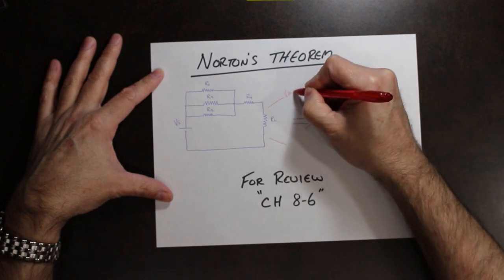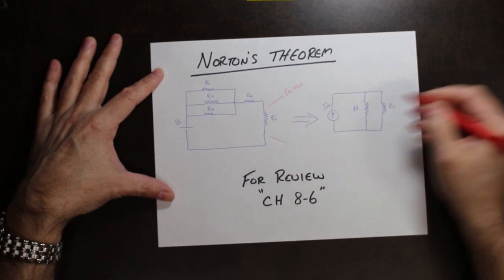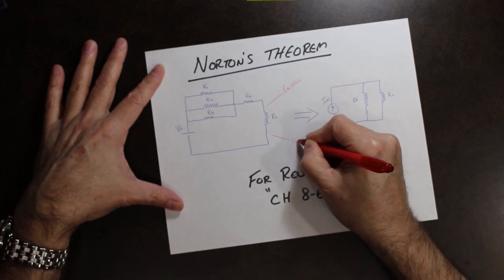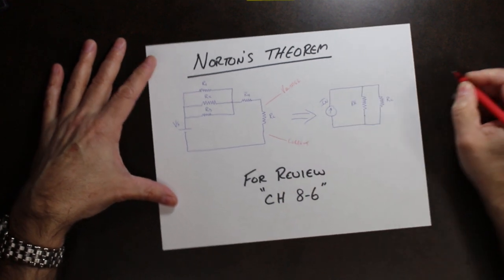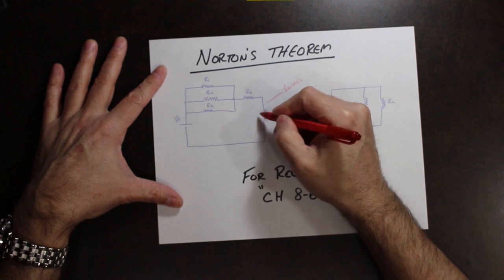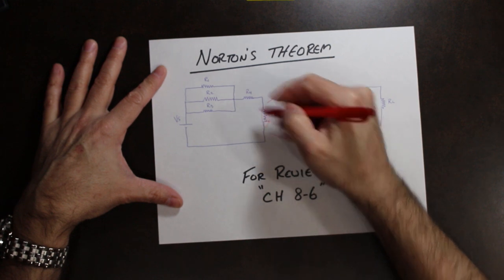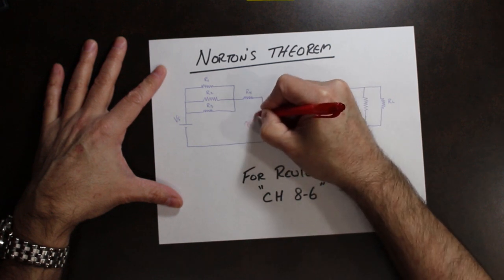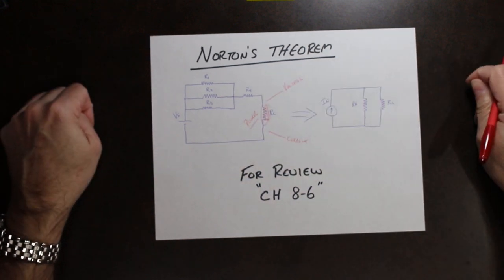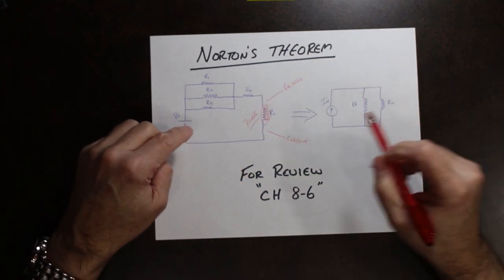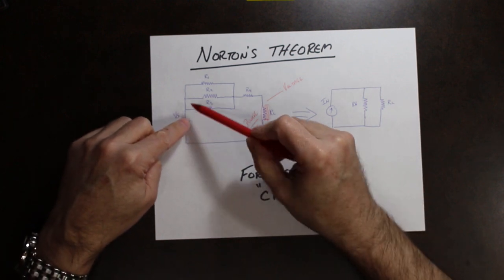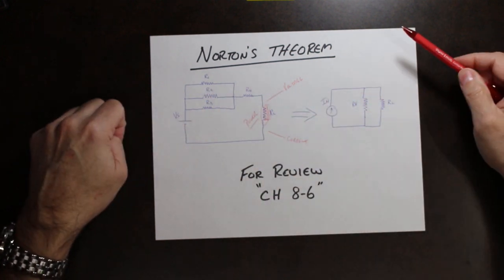We want to look at the voltage that goes across that resistor. We want to know the current that goes through that resistor. We would like to know maybe about the power dissipation of that resistor. We can do that by solving this complex circuit.